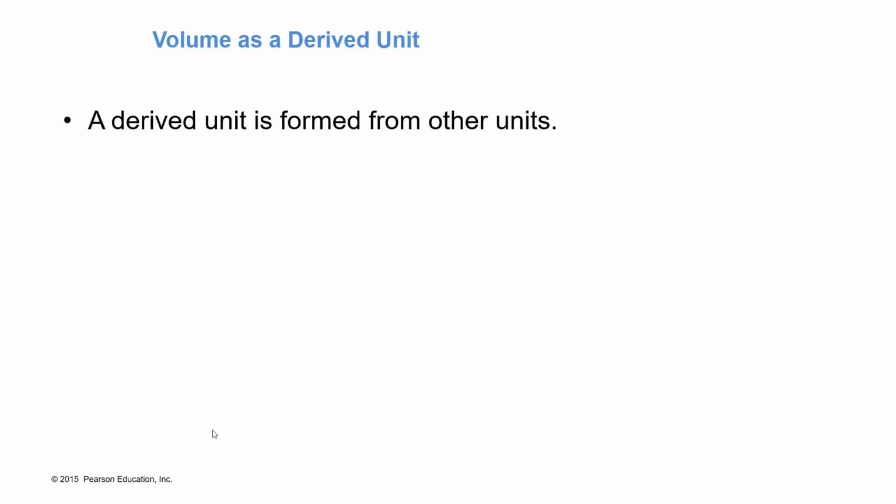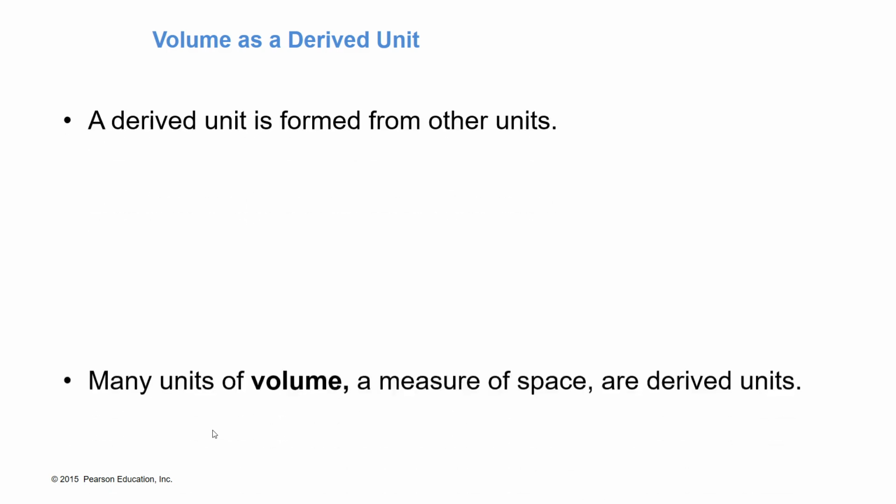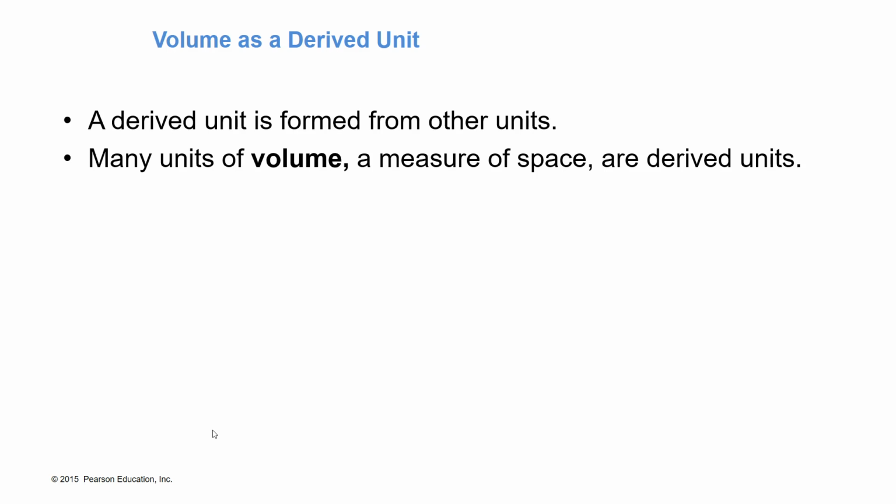All right. So volume is a derived unit. What that means is we have to use a calculation to get there. So when we talk about volume as a derived unit, volume is a product of length times width times height.